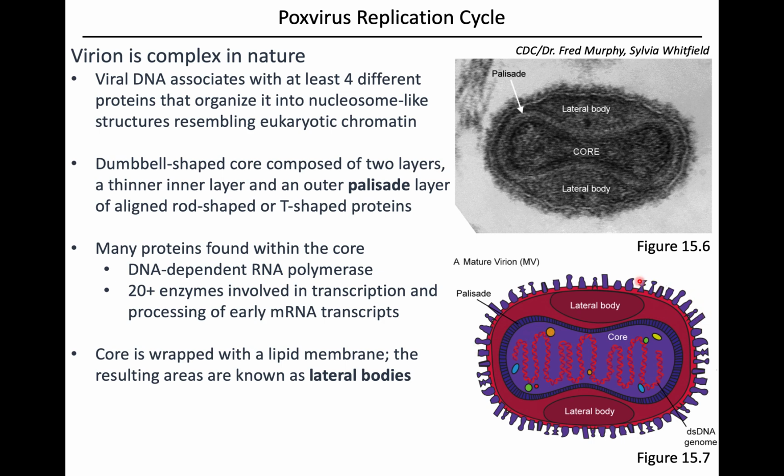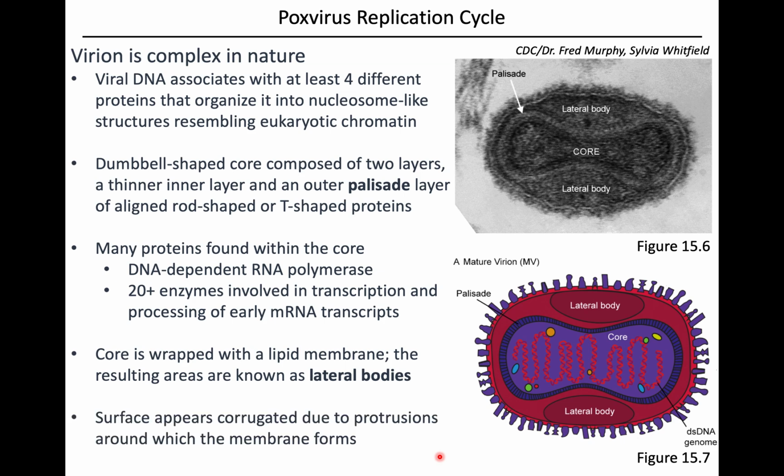And then, since this is enveloped, the core is surrounded by a membrane, and you can see there's a bunch of proteins associated with the surface of the membrane. But then you also get these structures called the lateral bodies, which are basically just the void space there on either side of the skinny part of the dumbbell inside that membrane.